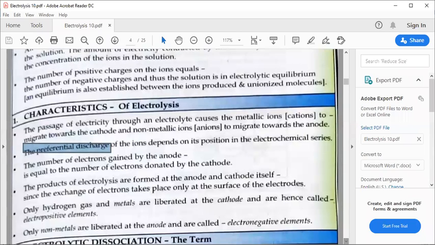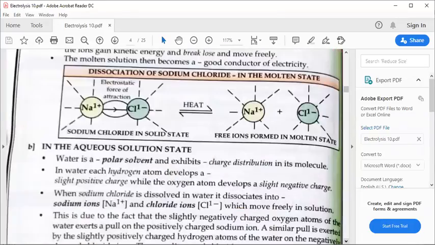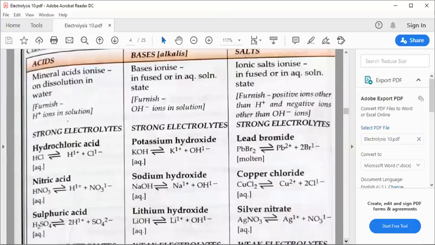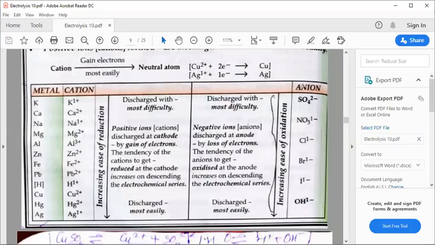Now let's understand the electrochemical series. This I'll explain a little later, but I need to explain what the preferential is. Now there is a sulfate anion and there is a hydroxyl ion.